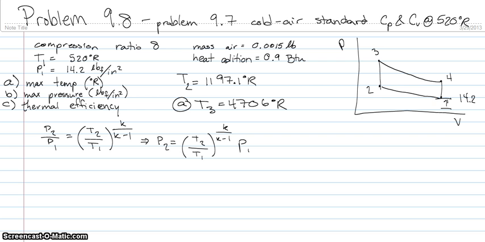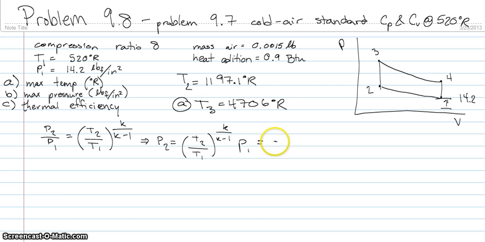Okay, I cleared out some of the other stuff to make some room. Now solving for the pressure at state 2, we can use equation 6.43 from the equation sheets, and we can modify it slightly so that we're solving for the pressure at state 2.